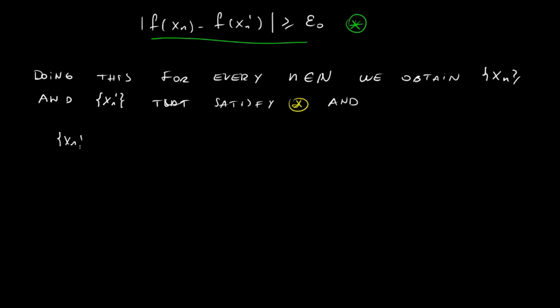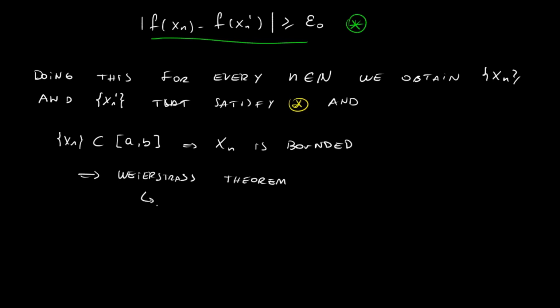Now, x sub n is a sequence defined in a closed interval [a, b]. So then x sub n is bounded. And then we can use the Weierstrass theorem and say that there exists a subsequence x sub n sub k that converges.